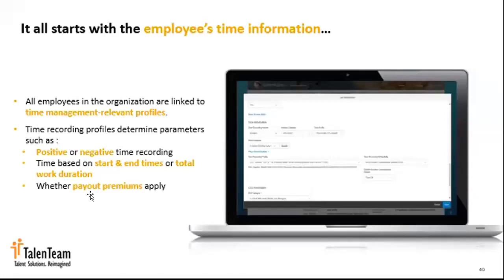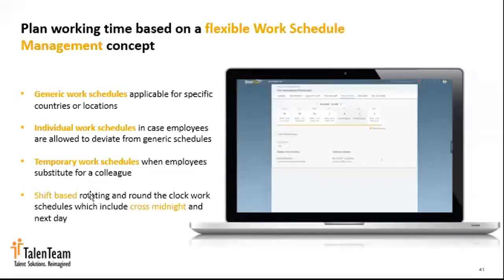Automatically, once they record their time, the premium will be calculated, all the evaluation will be taken care of, and the system will generate the pay types based on the predefined policies that we configured in the system.